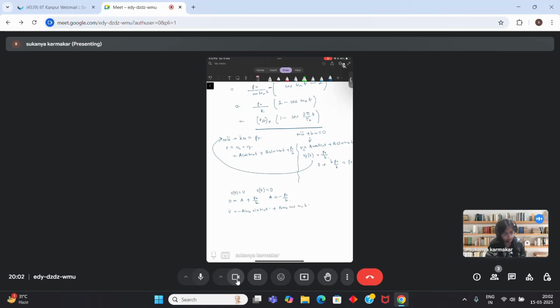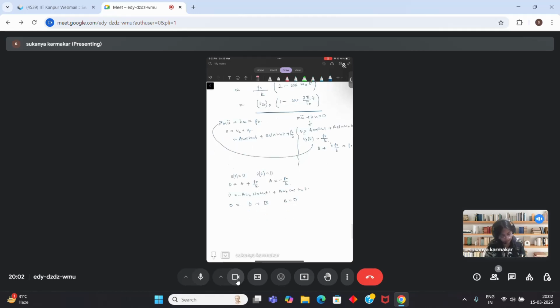Then you substitute t equal to 0. This comes out to be 0, so B is equal to 0. So when you substitute A and B back, u is equal to minus P naught by K cos of omega n t plus P naught by K. So your solution is P naught by K times 1 minus cos omega n t.